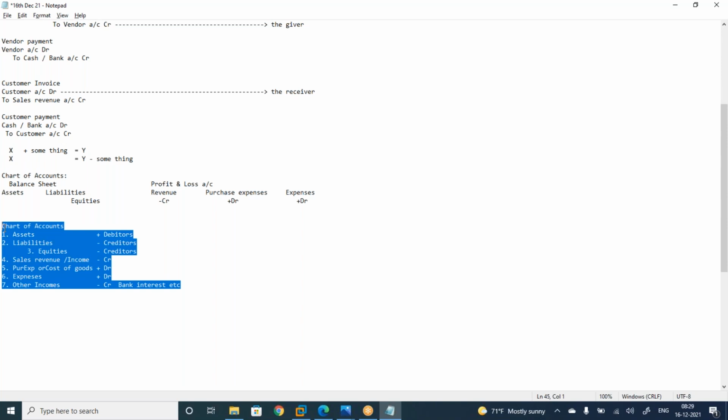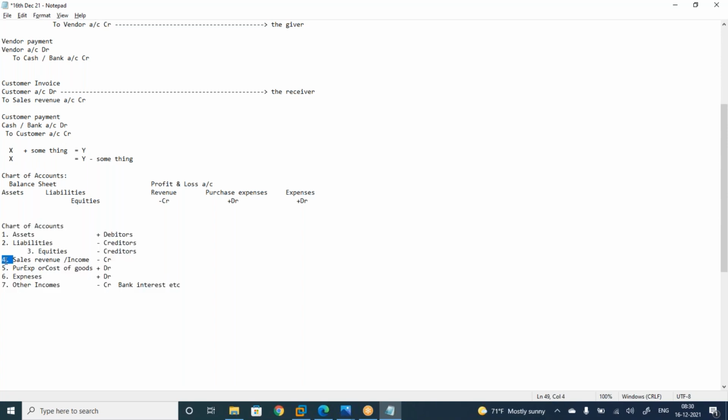I told you the chart of accounts classification is 1 assets, 2 liability, 3 equities, 4 sales revenue, 5 cost of goods, purchase expenses, 6 expenses, 7 other incomes. Suppose the client says, no, one is my sales revenue account.